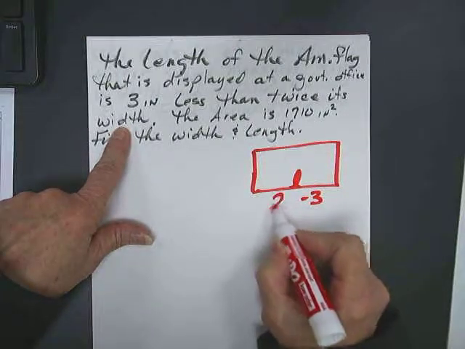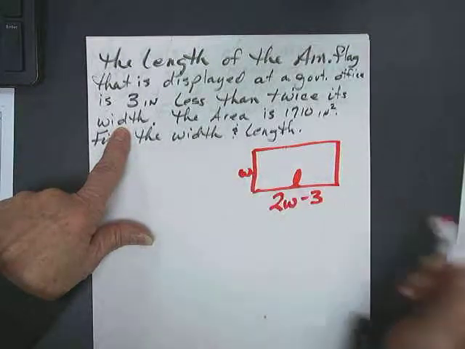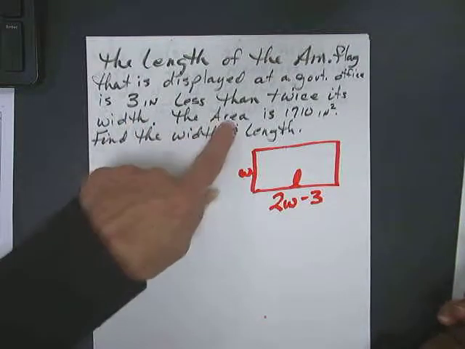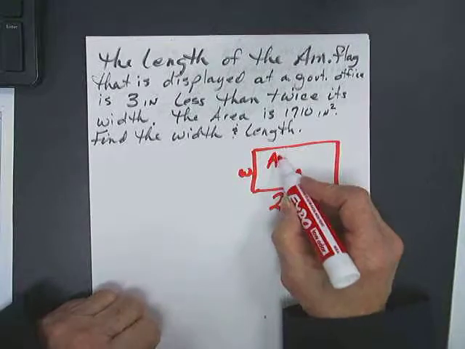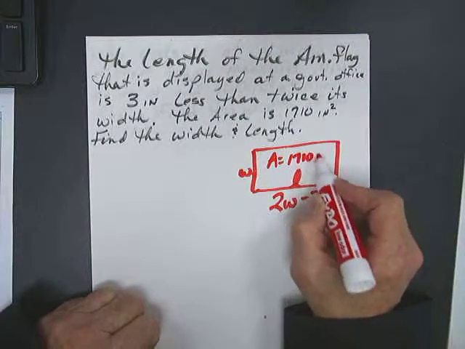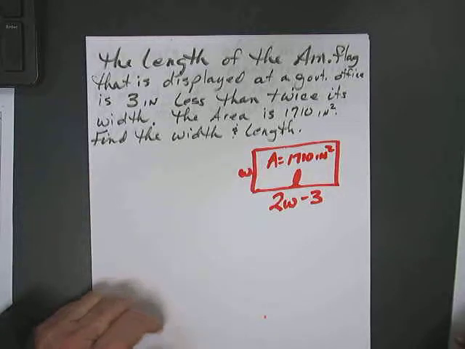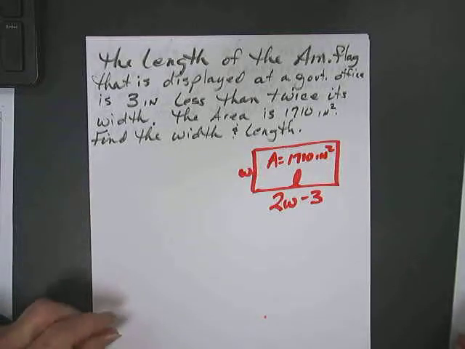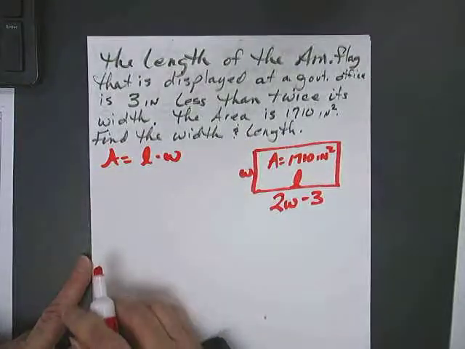The length is 3 less than twice the width. This will be our width. The area is 1710 square inches. Find the width and the length.